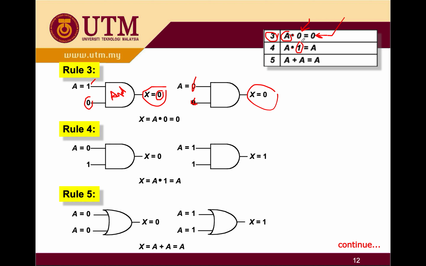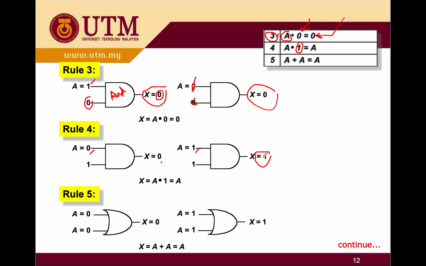Okay, focus back. Sorry. So here rule number 4, you have 2 possibilities, which is 0 and 1. When I have this, you can see that for the AND gate, whenever both inputs are 1, then you get the output as 1. The rest will be 0, so you will get it like this.